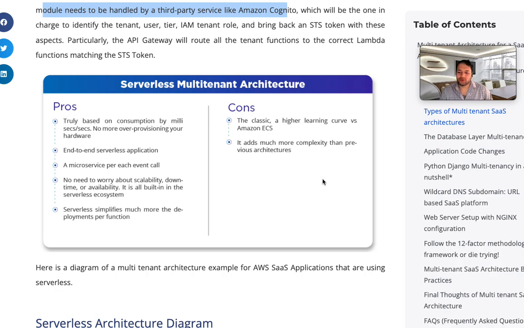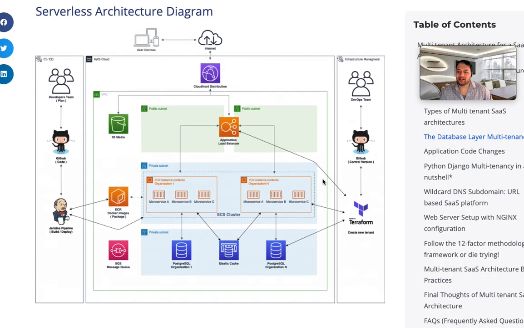So let's take a look at the architecture diagram. Again, we are going in through the CloudFront distribution. We've got the developers pushing builds to the Jenkins pipeline, the DevOps team creating tenants using Terraform here. And essentially, it's the same that I talked about in the previous video.